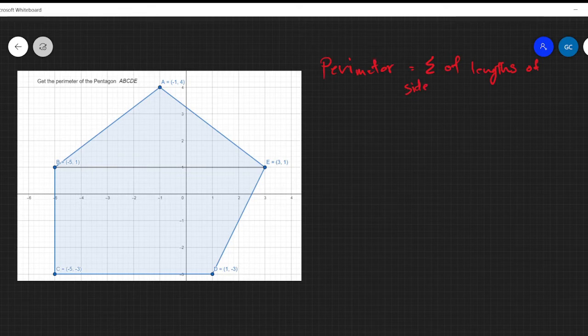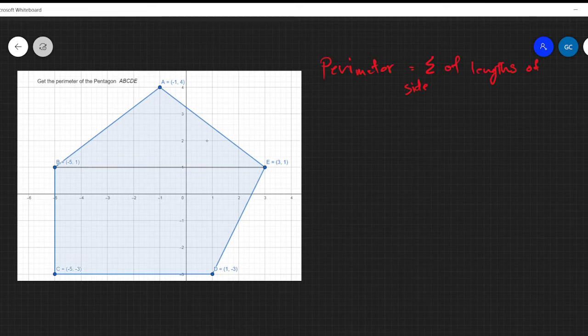So we just need to add the lengths of line segment AB, BC, CD, DE, and AE. We just need to get the distance between each pair of points, and after getting them, add them up. Then we will have the perimeter for our pentagon ABCDE.